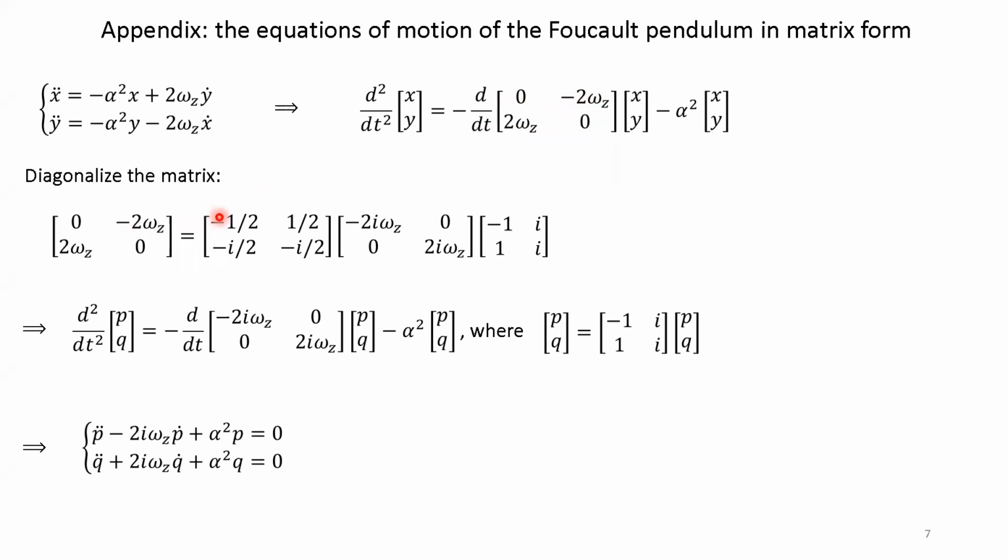Remember, in the last semester, I told you that if you have a symmetric matrix, then the eigenvalues are guaranteed to be real numbers. However, if you have an anti-symmetric matrix, then it's guaranteed that the eigenvalues are imaginary numbers. Right, so that's exactly what you get here. If you diagonalize this, this is the diagonal matrix you get with the two eigenvalues being purely imaginary.